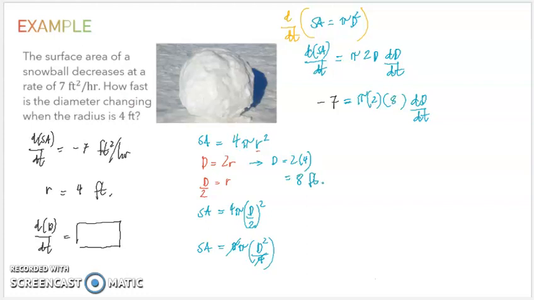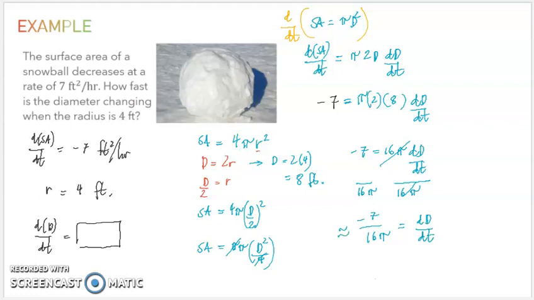Then, multiplying, we have negative 7 is equal to 16 pi dd dt. Then divide both sides by 16 pi. So we have negative 7 over 16 pi as our derivative of the diameter with respect to time.